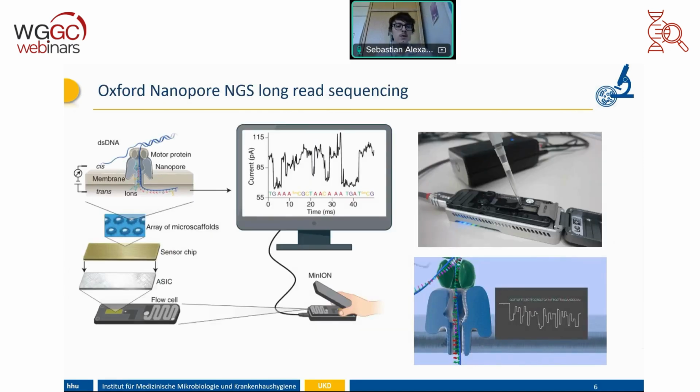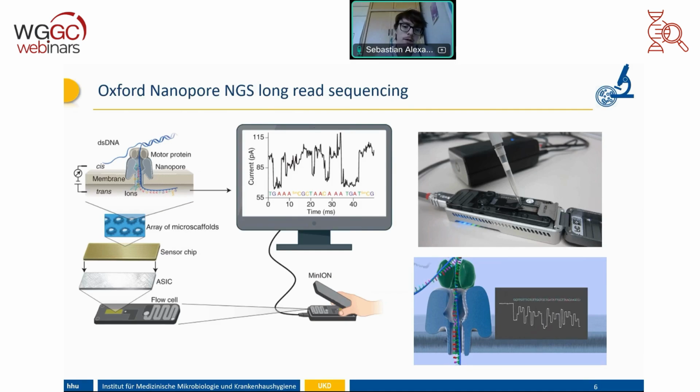And this technique works like this: on the right side, you see this MinION flow cell. There the DNA is loaded on the cell. And you have a membrane which consists of the famous nanopores, which is a pore with a motor protein, and the motor protein guides single-stranded DNA through this pore, where we have an ion current, and this ion current changes when the nucleotides go by.